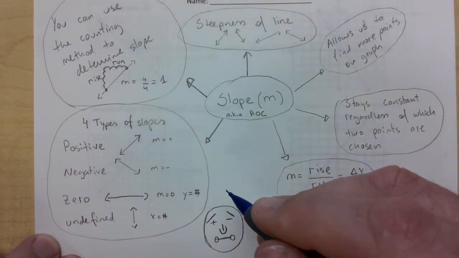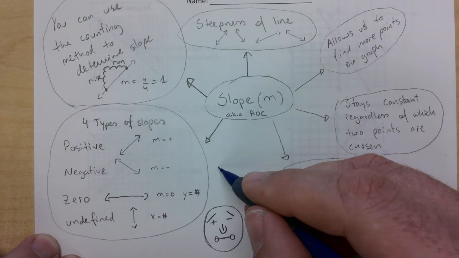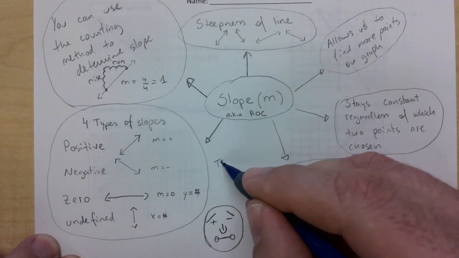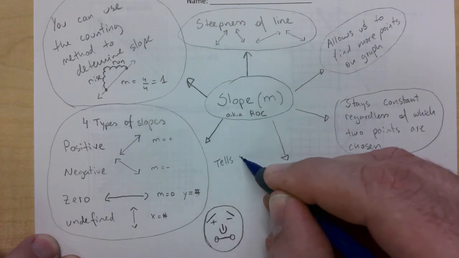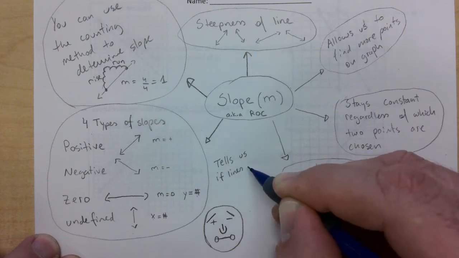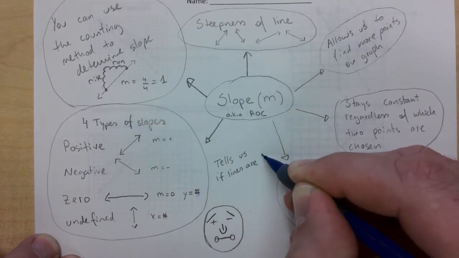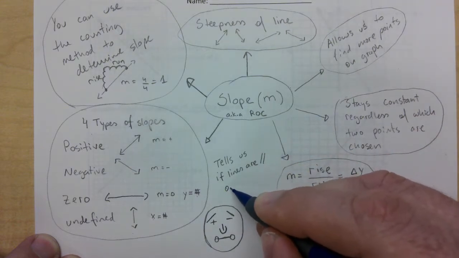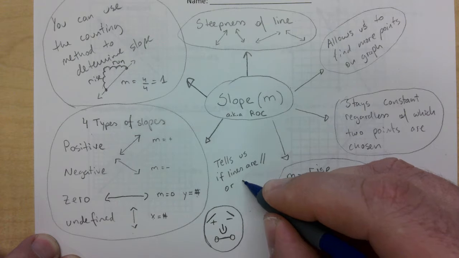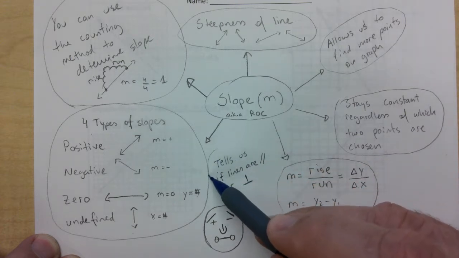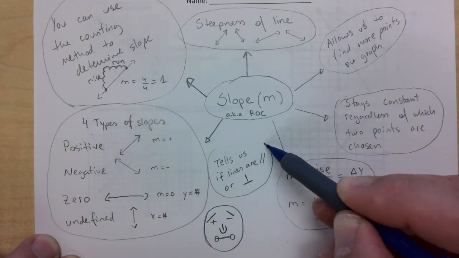If you have two lines, slope also tells us if lines are parallel or perpendicular, if they meet at a 90.